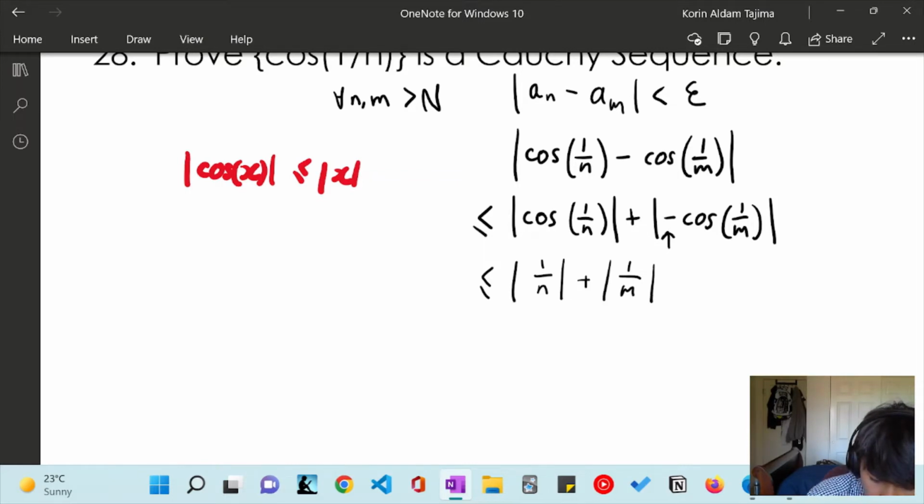Also, we can get rid of this negative sign because you're taking the absolute value anyways. You can get rid of the absolute values because these are both positive integers, actually. And then we're going to want this to be less than epsilon.